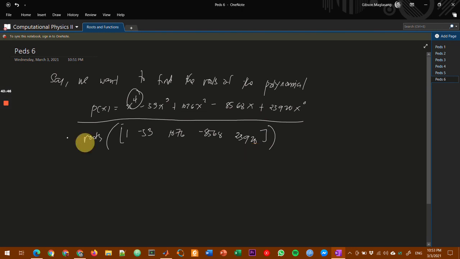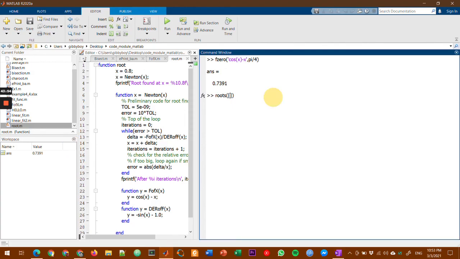Right? Imo siyang i-enter do sa MATLAB, then you can automatically generate or extract the roots of that polynomial. Okay, so we have 1, negative 53, 1026, negative 8568, then positive 2520.